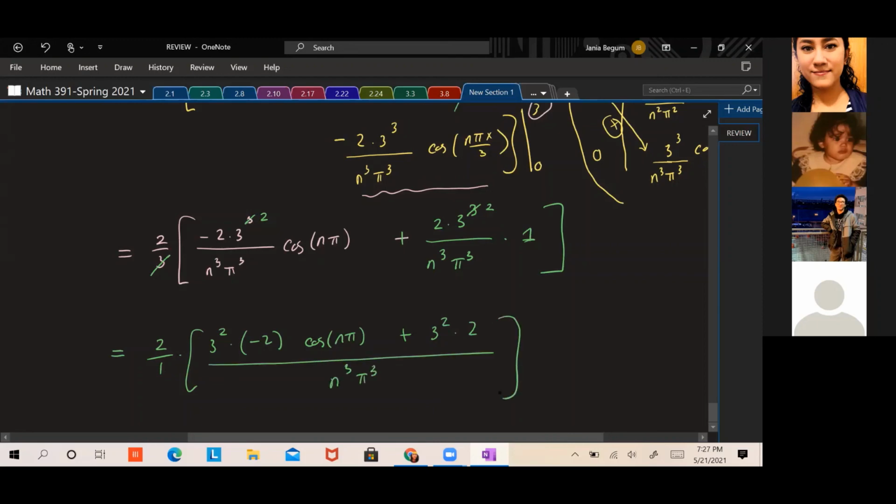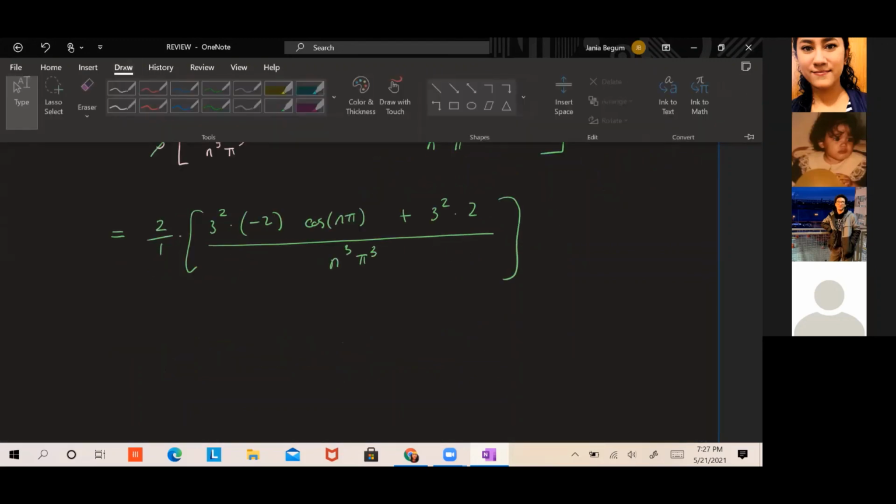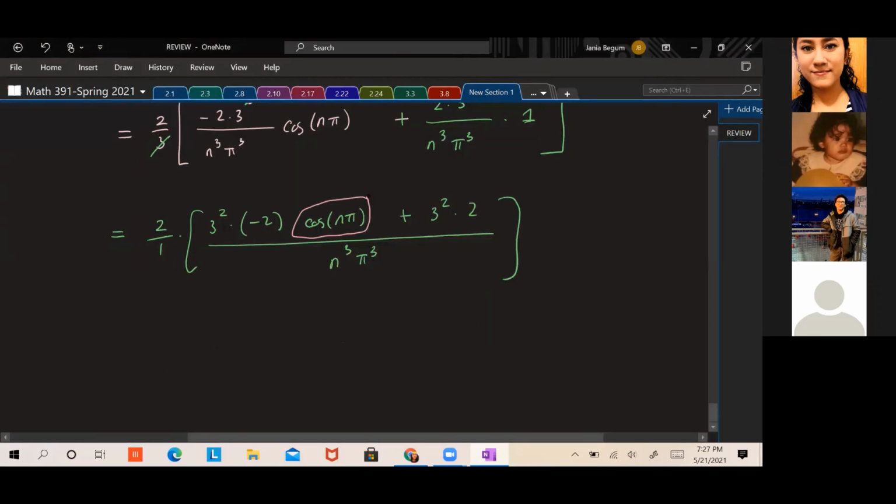And now we can simplify this more, because cosine of n pi alternates between 1 and -1, so we can rewrite it as -1 to the power of n. Now you can split this up into cases.